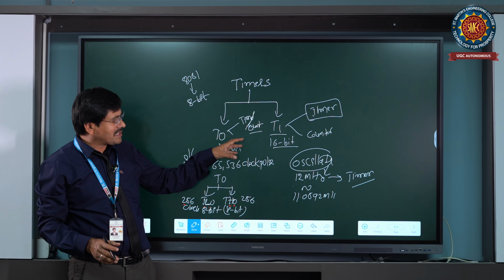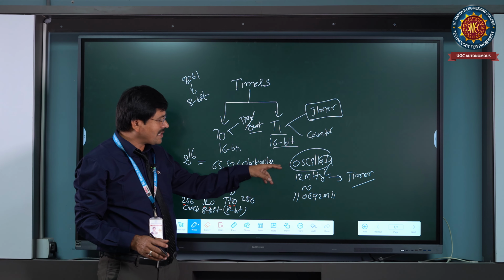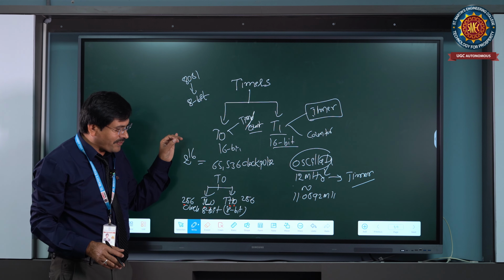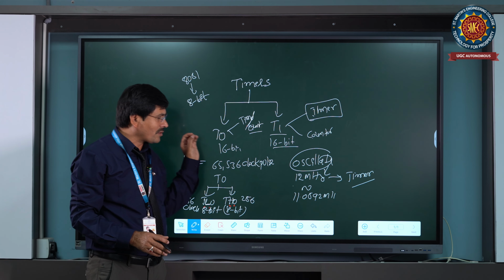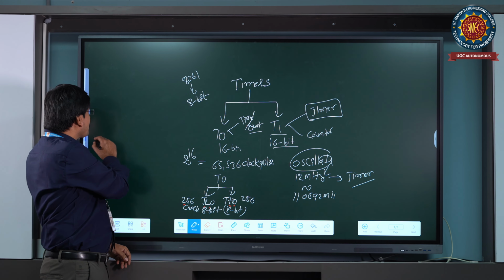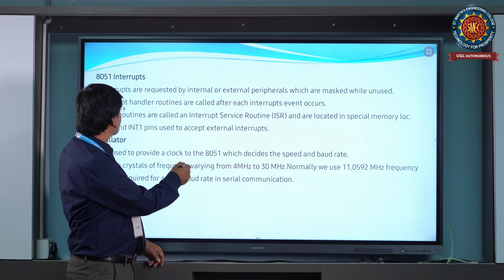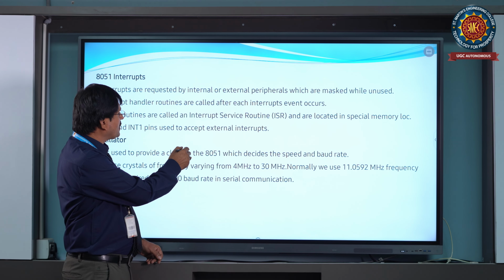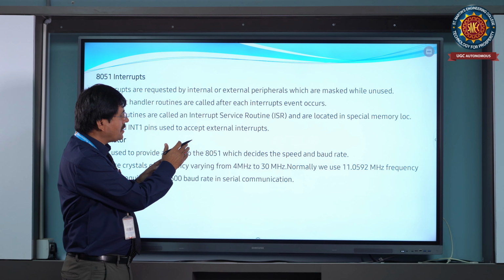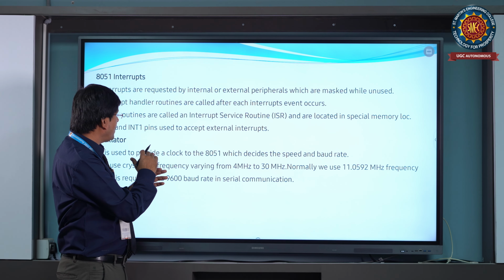The timer is a special feature of the microcontroller that other processors do not provide. Timer operations play a very major role in microcontrollers, counting clock pulses, internal and external.